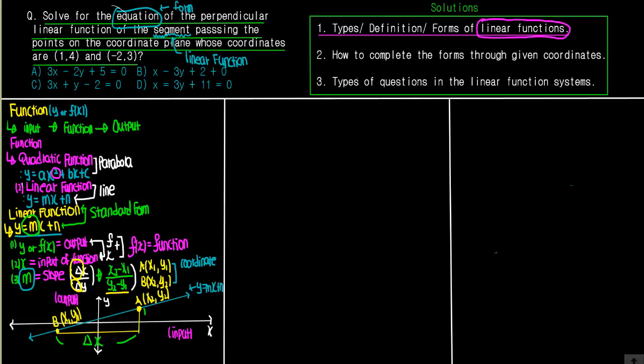This will be the y-axis, so it will be changing y. This will be changing x and then changing y, which shows our slope, how steep the function is, our m value in our linear function. This is how the slope will be defined in our linear function.